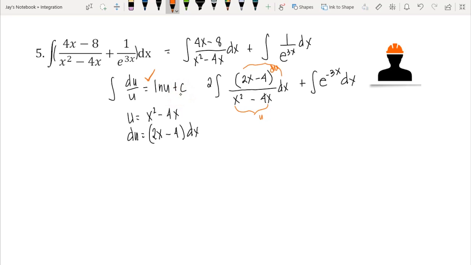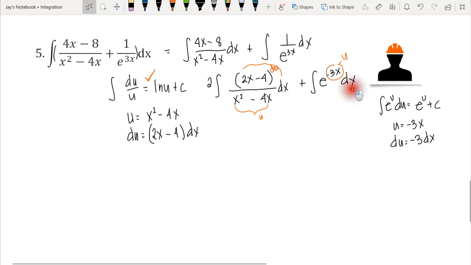Now in the second term, we have e raised to negative 3x. So the rule that we could apply to this function is the integral of e raised to u du, that is e raised to u plus c. Now in this case, our u is negative 3x. Then our du should be negative 3 dx, correct? However, our du in this case is only dx.